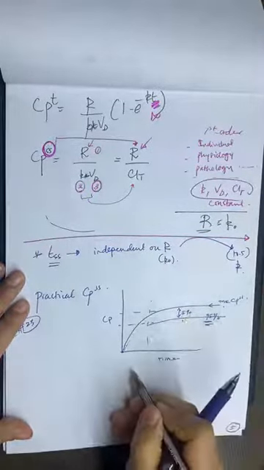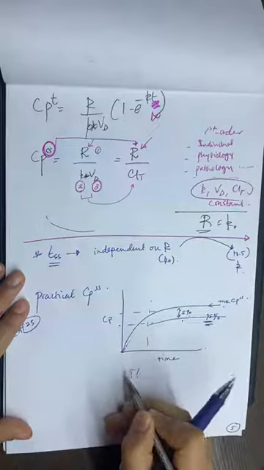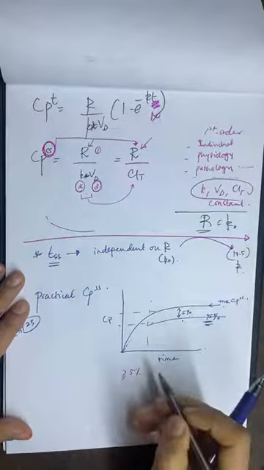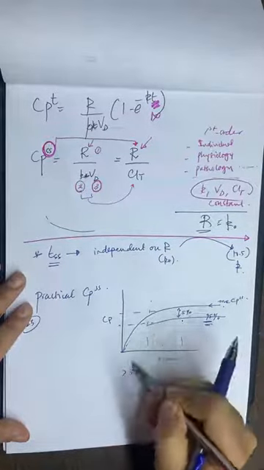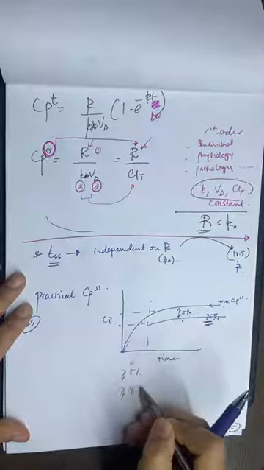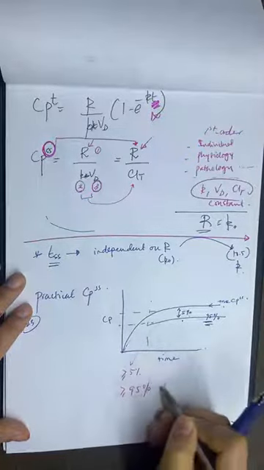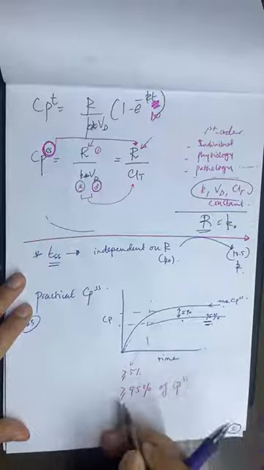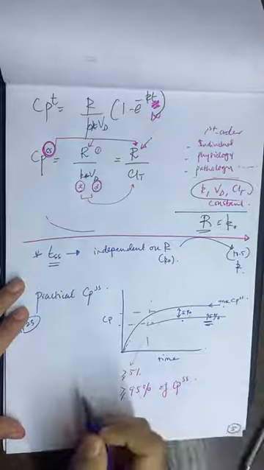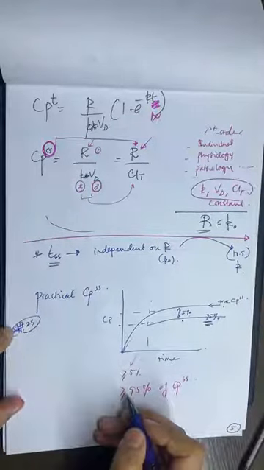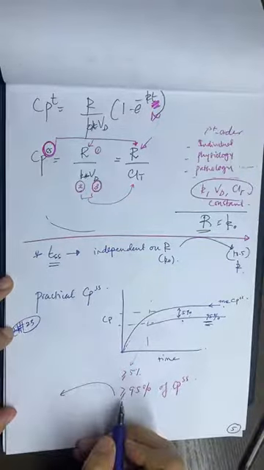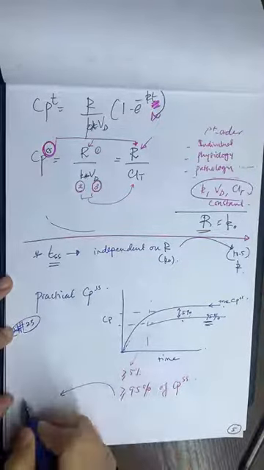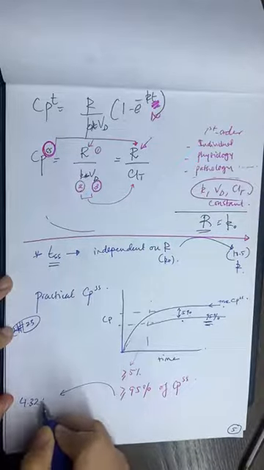This happens, so you need 5% or more for sure, to reach the steady state, which means that you are reaching 95% or more of the true steady state. This happens, and you have the table on your slide 23. The 95% of the steady state happens at 4.32 half-lives.